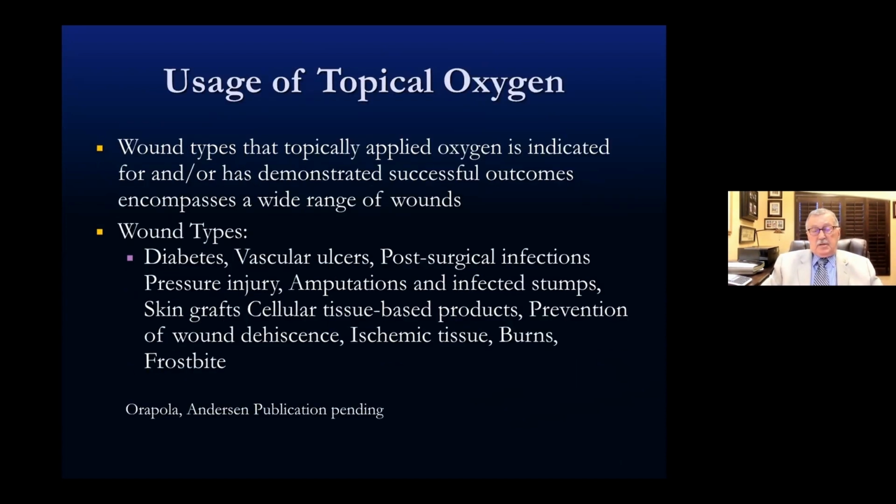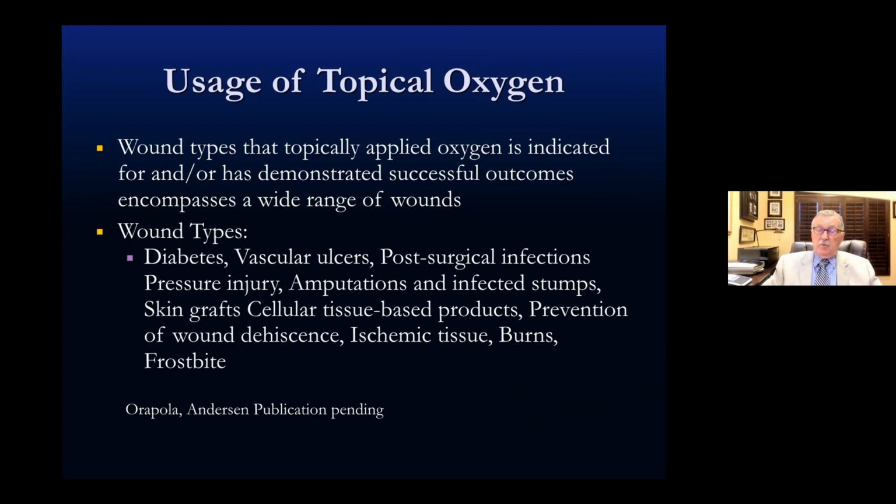So this is a study that is currently awaiting publication, by myself and Dr. Iorio. We looked at the literature and at what wounds had been reported to benefit from the use of topical oxygen.